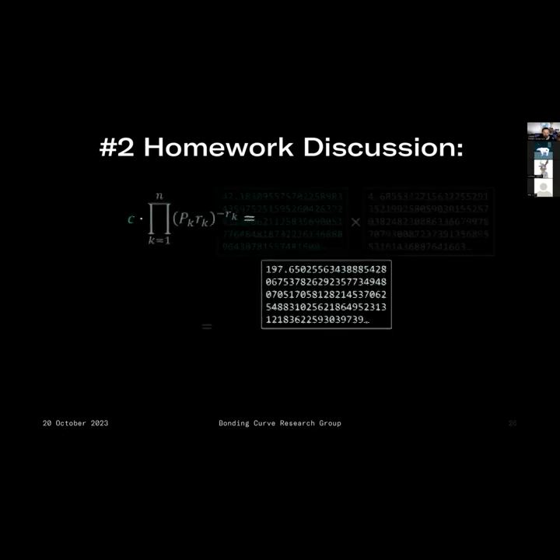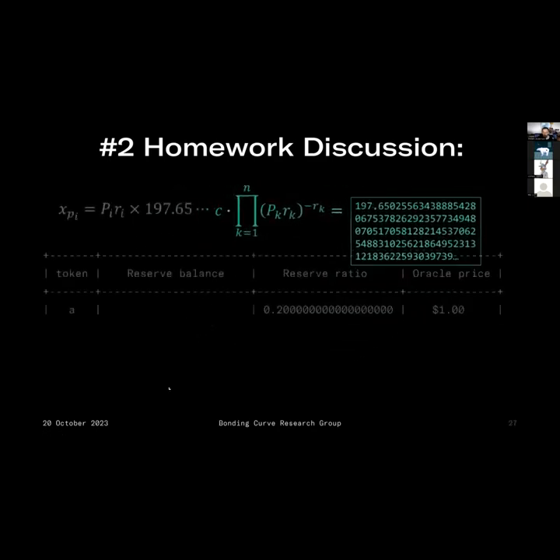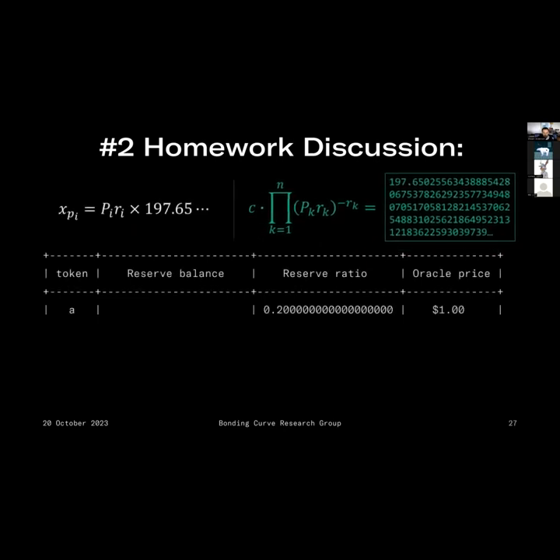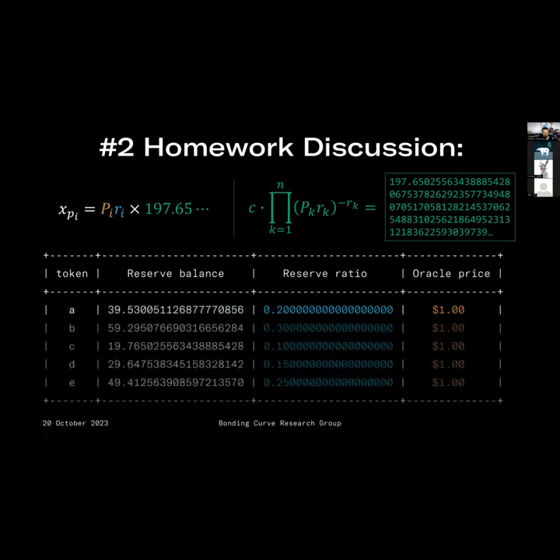And then once we've got that, we can start stepping through each row of the table and calculating what the reserve balance should be at these oracle prices. So here, if we've got the A token, then XPA is going to be equal to P of A, which is $1, or the inverse of $1 rather, times 0.2 times whatever this constant is. And we just do that for the rest of the table in order to generate all of these reserve balances.